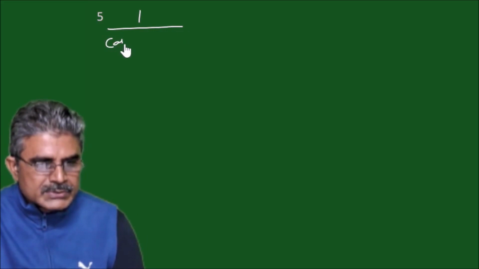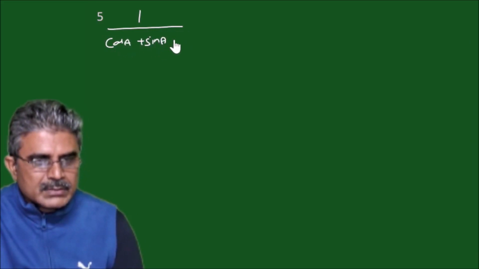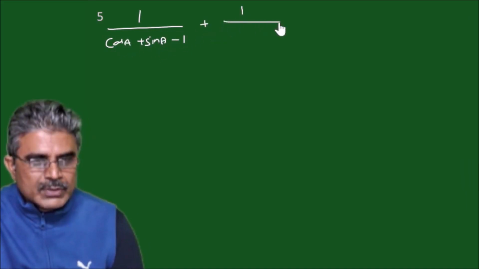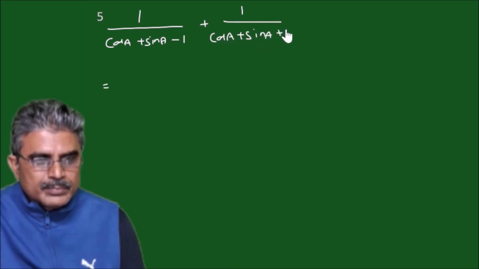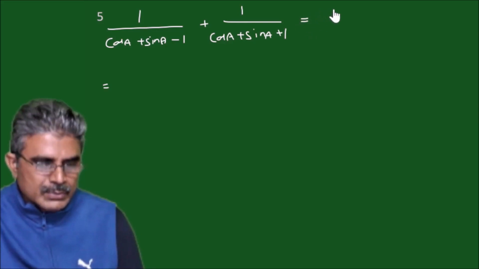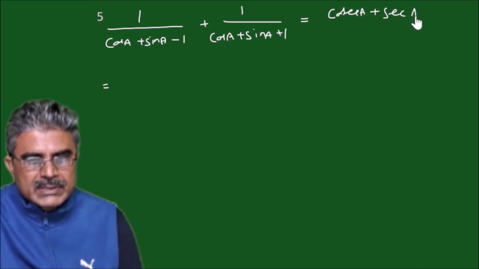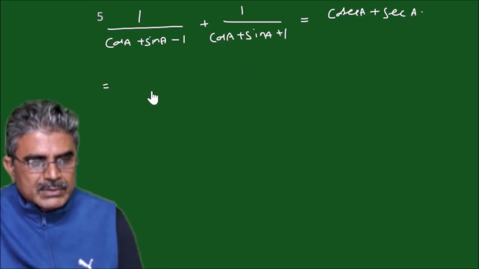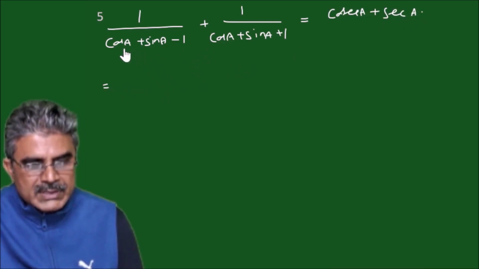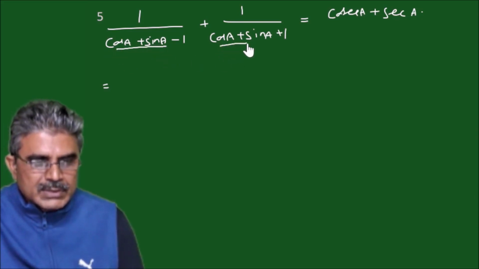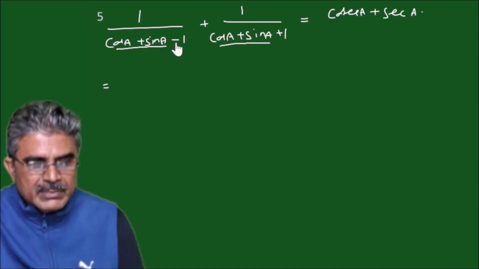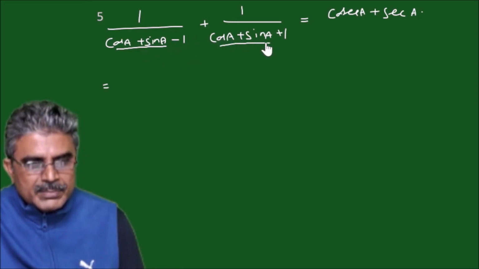Our next question is 1 by (cos a plus sin a minus 1) plus 1 by (cos a plus sin a plus 1) should be equated to cosecant a plus secant a. Take the LCM. If we consider cos a plus sin a as one term, then it will be like a minus b and a plus b.